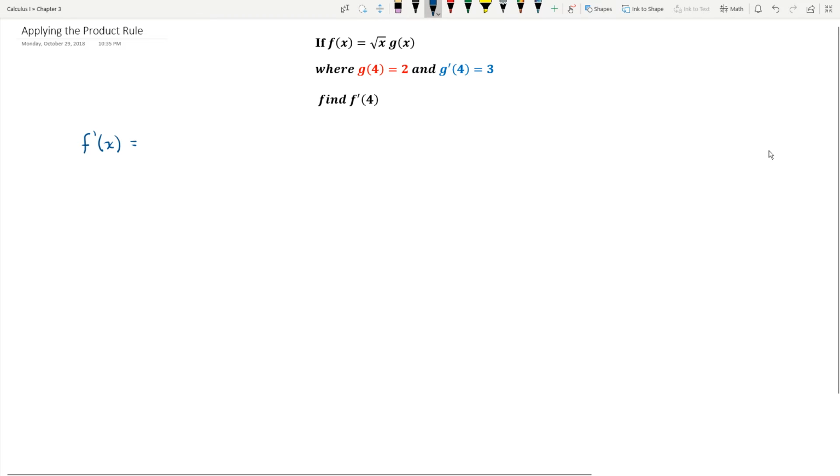So we want to make sure that we set this up so that it is the first multiplied by the derivative of the second. And then we're going to add the second multiplied by the derivative of the first.